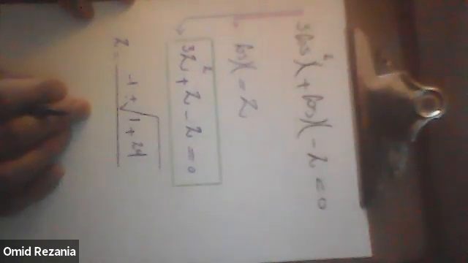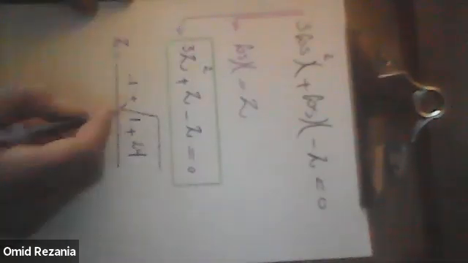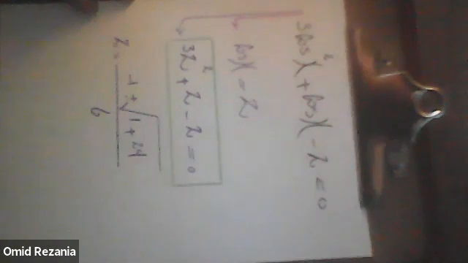Mingji, what should I write here at the denominator? 6. That's right, 2 times the coefficient of z squared becomes 6.